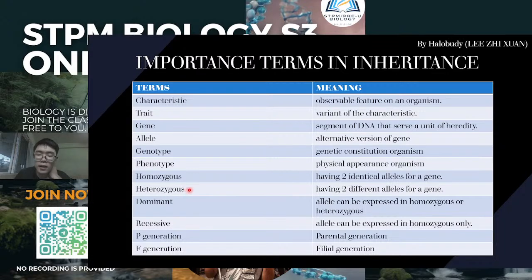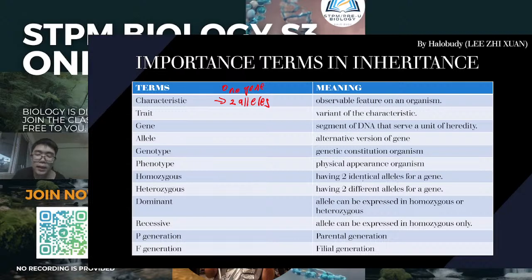Homozygous and heterozygous, I think this one you also know. Homozygous is having two identical alleles for a gene, heterozygous is having different alleles for a gene. Normally one gene has two alleles. In Mendel's work, one gene normally has two alleles.